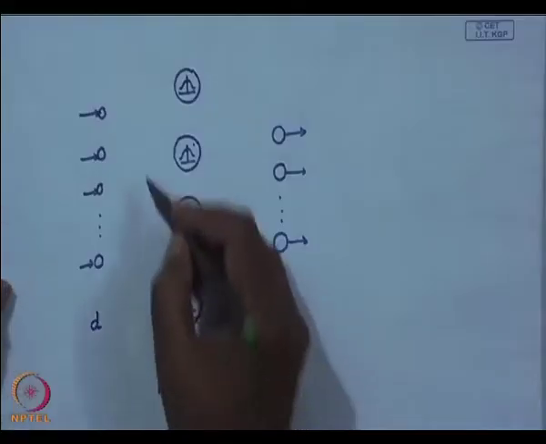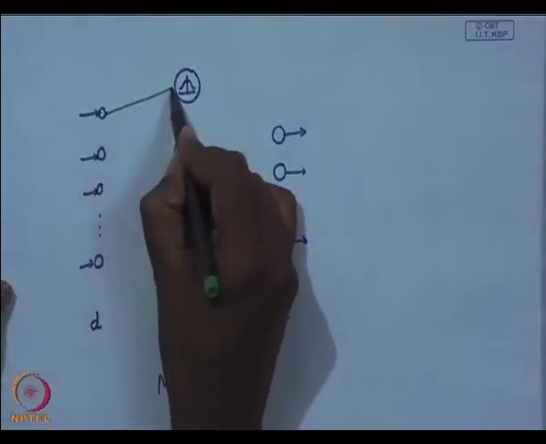Every node in the input layer is feeding input to every node in the hidden layer, and every node output from the hidden layer is connected to every node in the output layer. So, I have connections which are something like this.